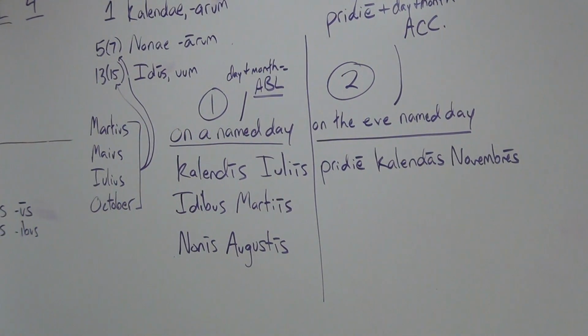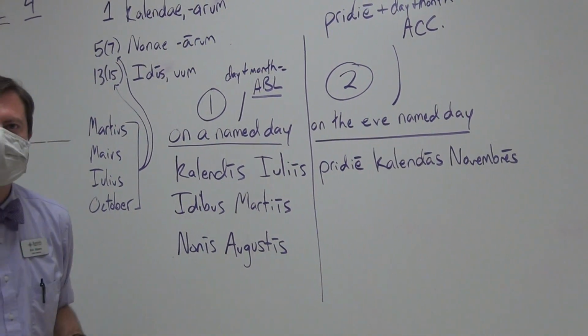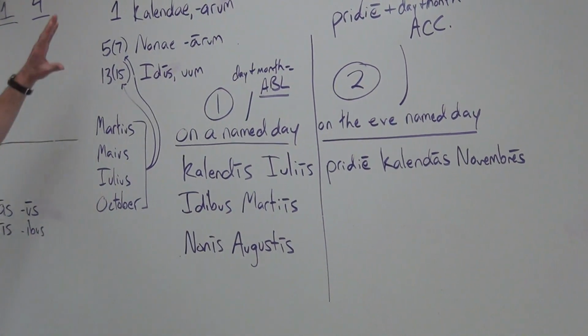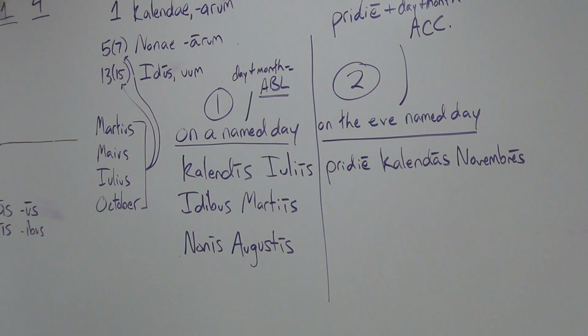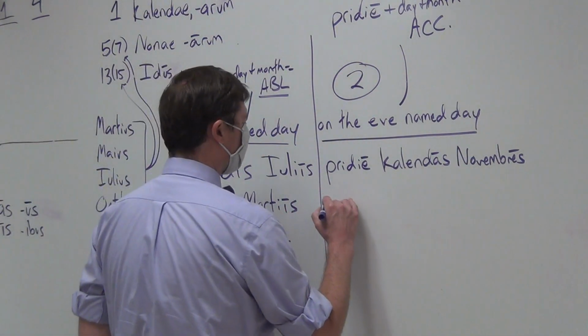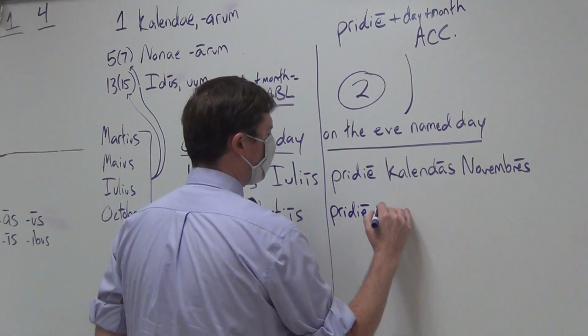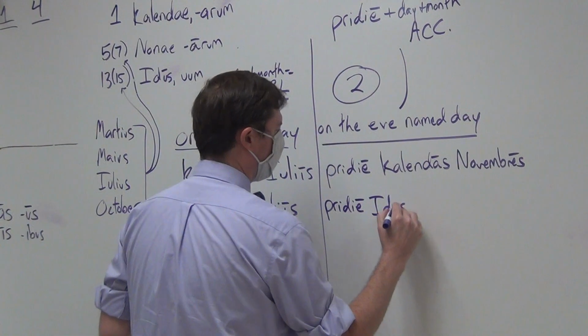Let's take the birthday of my father. My father was born on December 12th. Does December 12th fall on one of these days? No. But it does fall on the day before one of these days. It falls on the day before the Ides, because December is not one of the 4 months. And so my father's birthday, December 12th: pridie idus.